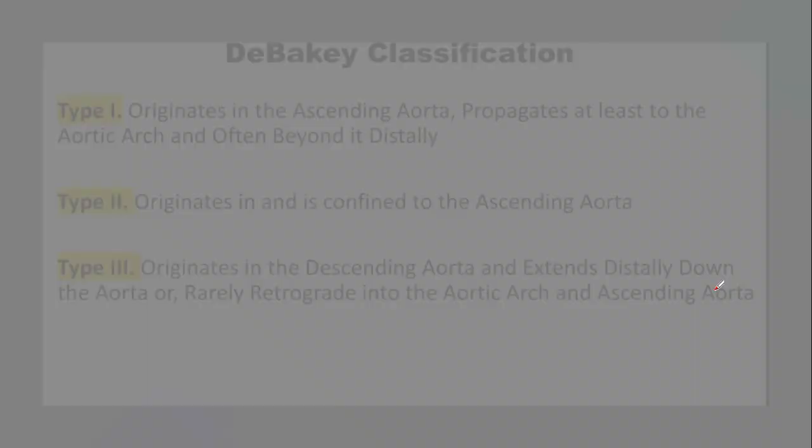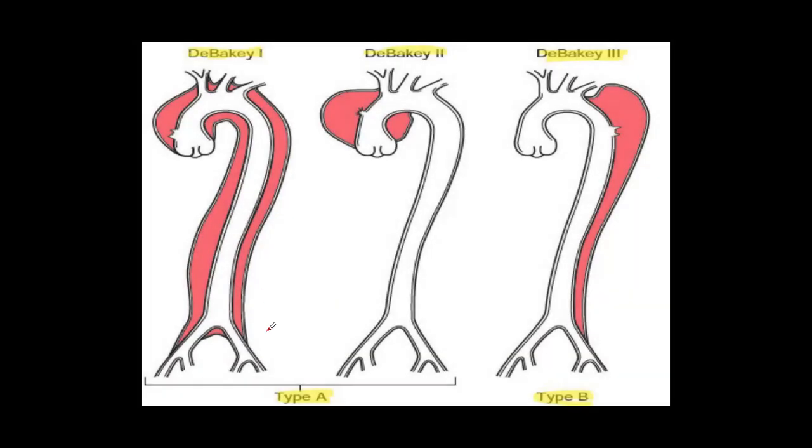So this is what I'm saying. Under Stanford, this is type A. You can see the intimal tear here is confined to the ascending aorta in type A. In type B, you can see the intimal tear here is distal to the left subclavian artery. Then under DeBakey type 1, you can see the dissection is extending distally.